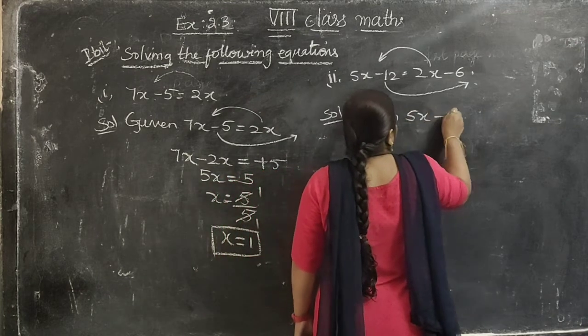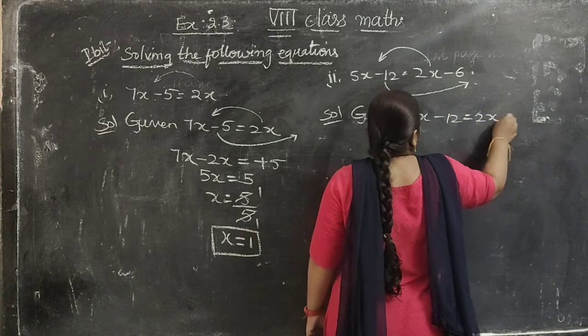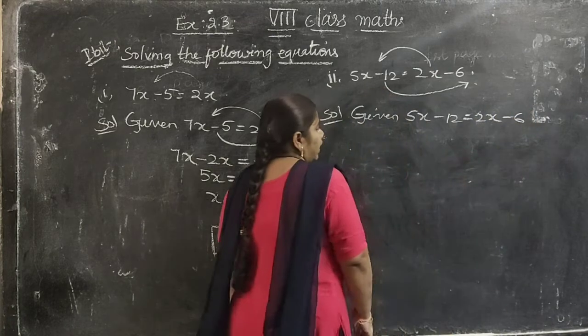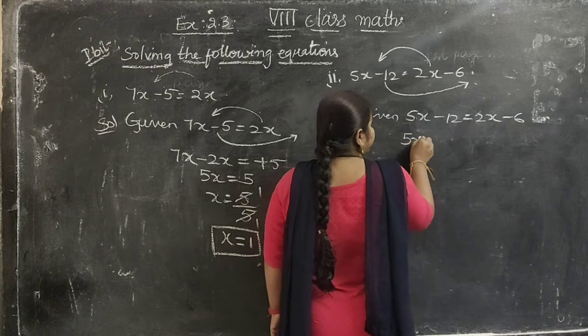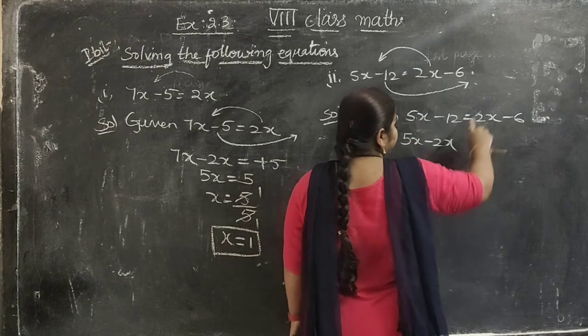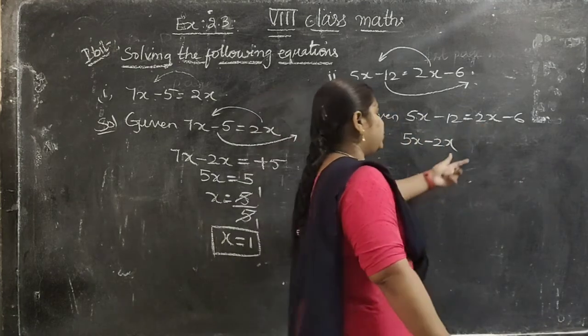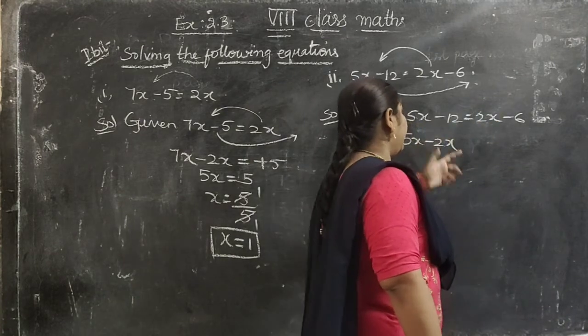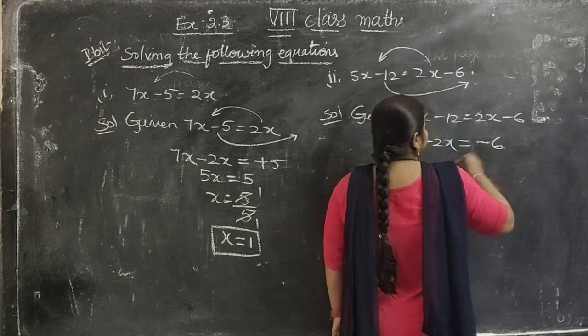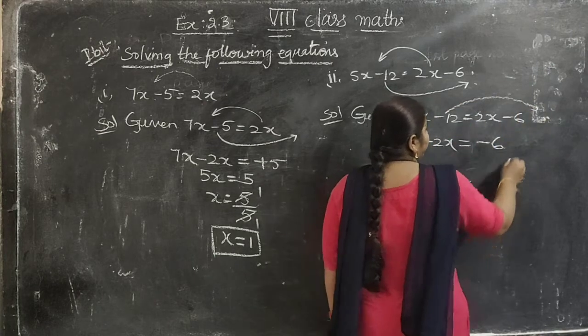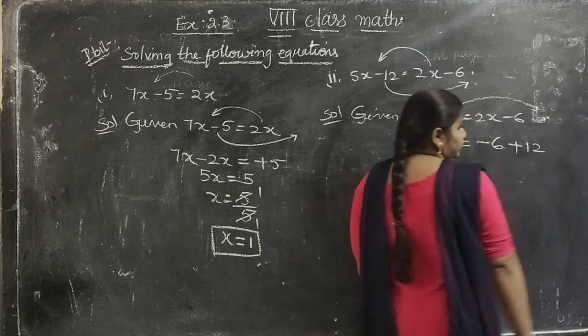Given 5x minus 12 is equals to 2x minus 6. I am transposing this 2x to the LHS part, that is 5x minus 2x because this is a plus 2x. If you transpose plus 2x to the other side, that will be in the form of minus 2x is equals to minus 6. I am sending this minus 12 to the other side, that will be plus 12.